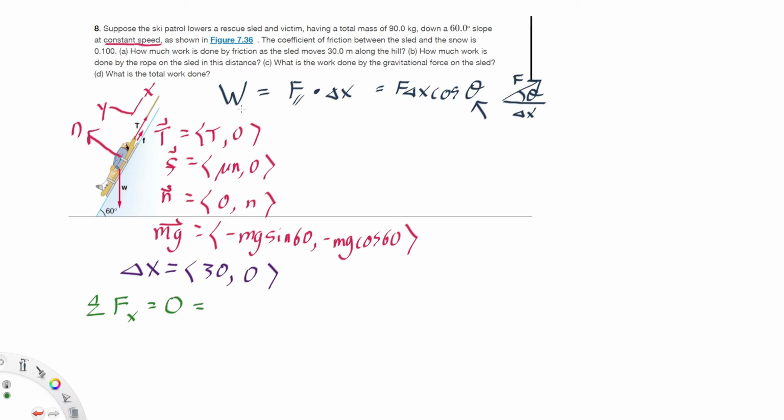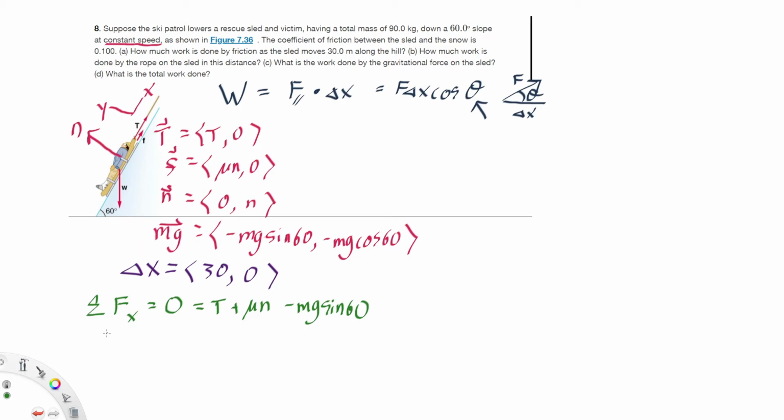And that's going to be equal to T minus or plus mu N minus mg sine 60.